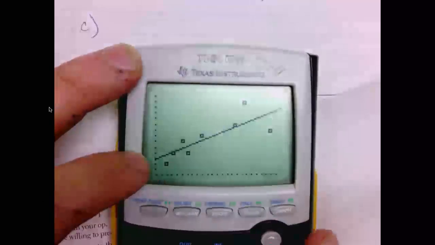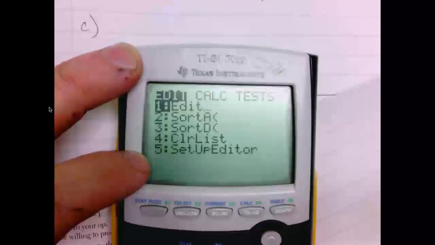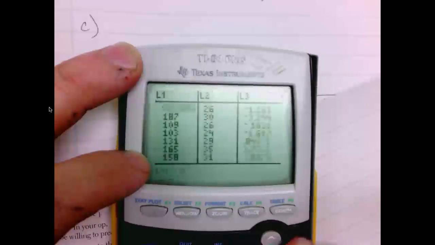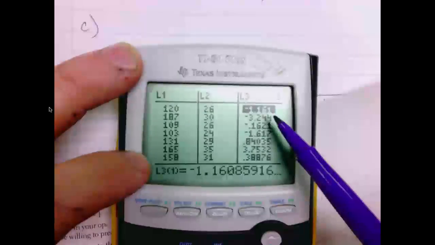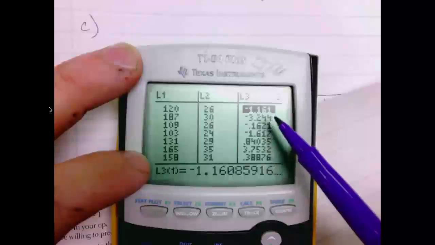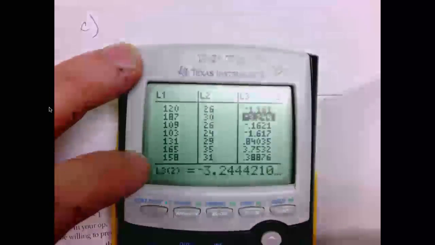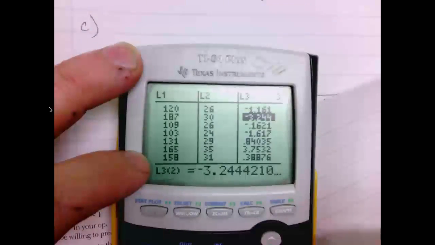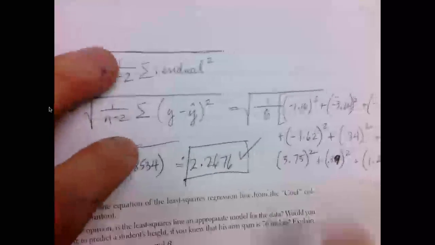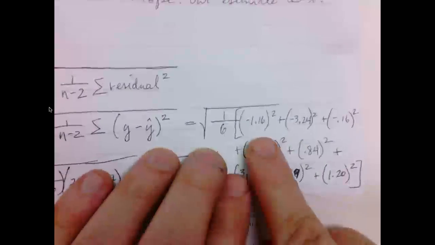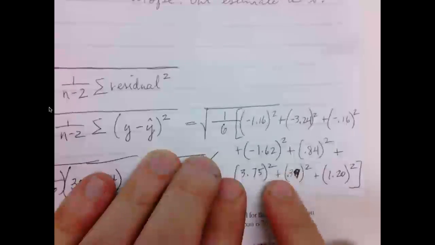All right. So going back and looking at my residuals, we have negative 1.161, negative 3.244, negative 1.621. And here you can see we have entered in each one of those values and we're squaring them.